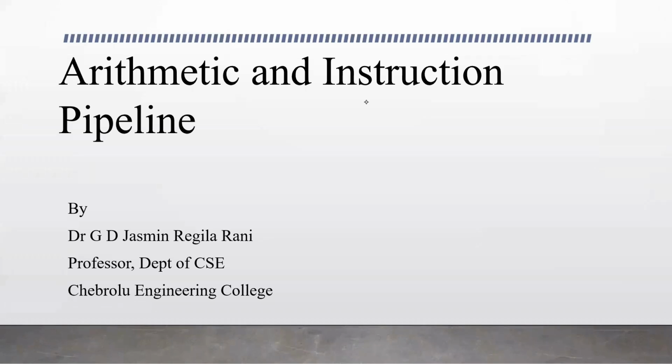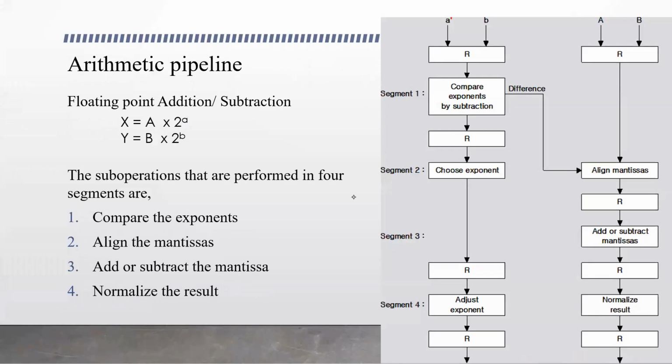The pipeline unit that supports arithmetic operations to be done parallelly is the arithmetic pipeline, and the pipeline unit that supports instruction execution parallelly is the instruction pipeline. Arithmetic pipeline units are used in very high speed computers.